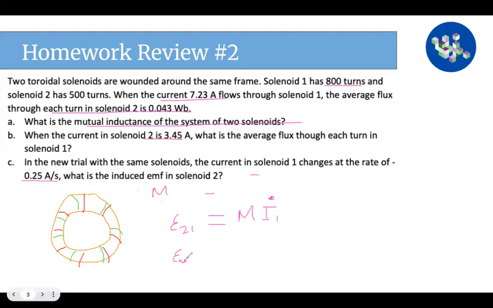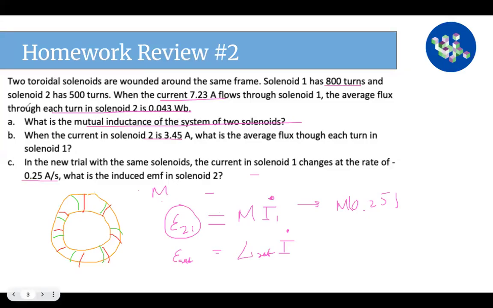Remember, for self-inductance, we had EMF self equals the self-inductance L times d of its own current over dt. So here it's the same principle: it's equal to M times I1 dot, which is 0.25 amperes per second. So times 0.25, and after that, you'll get your answer for the induced EMF in solenoid 2 due to solenoid 1.